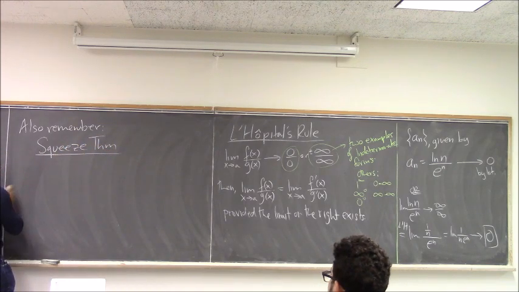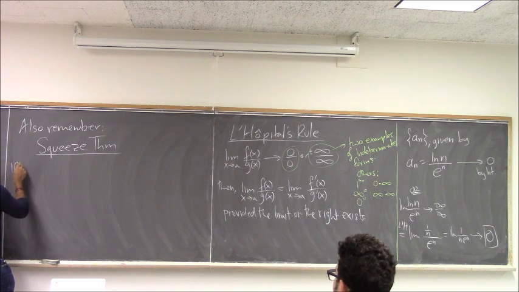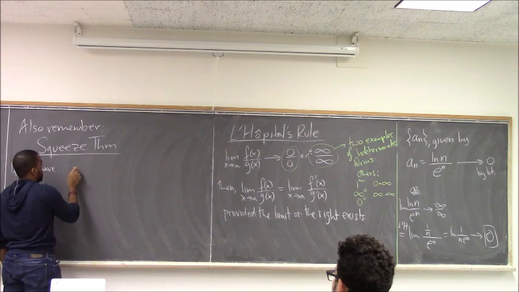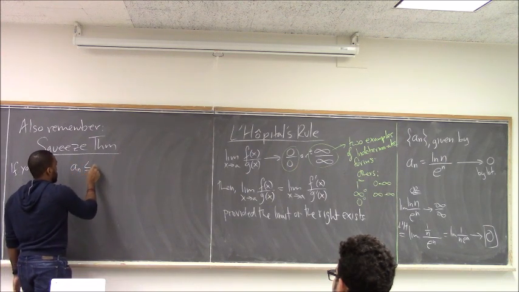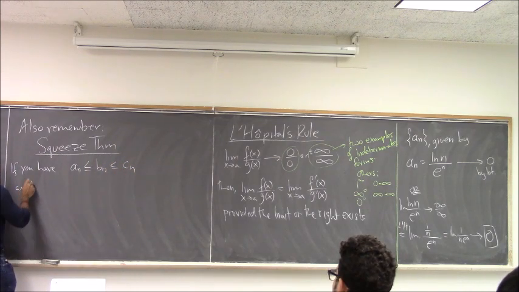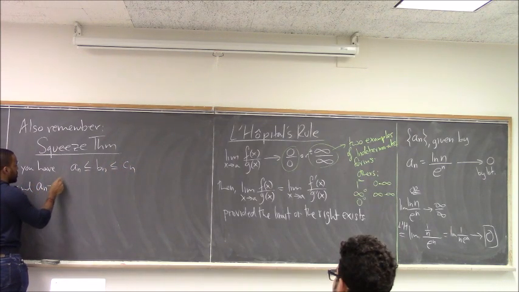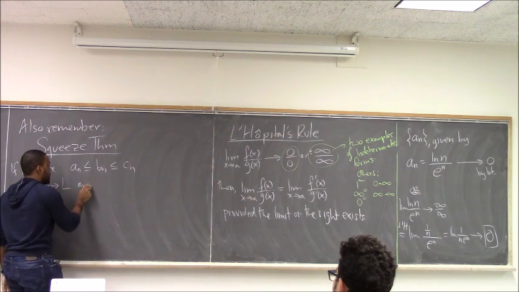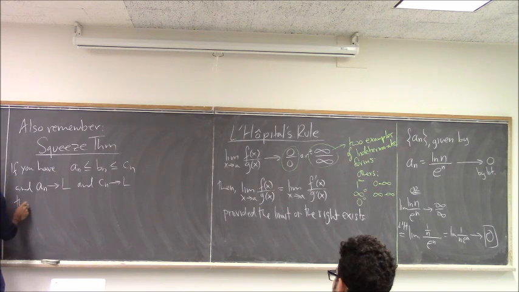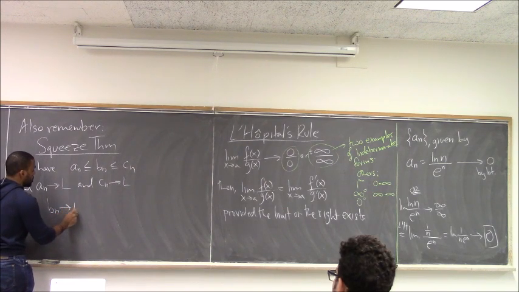That's the theorem that says if you have, for example, say a_n is less than or equal to b_n less than or equal to c_n, and you know that a_n approaches some number L, and at the same time c_n approaches some number L, then you can conclude that your b_n must approach some number L.